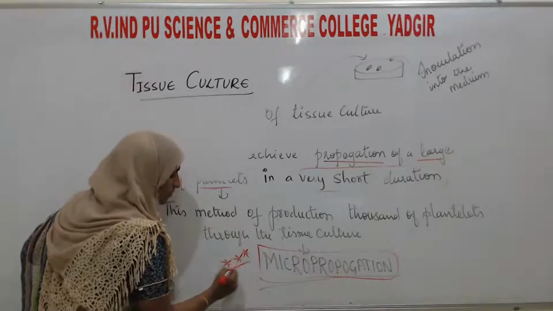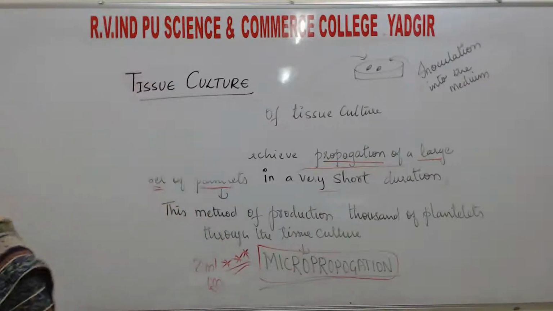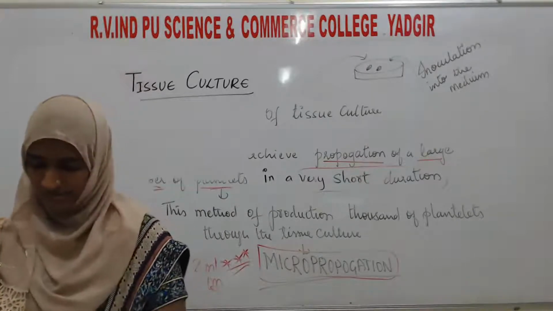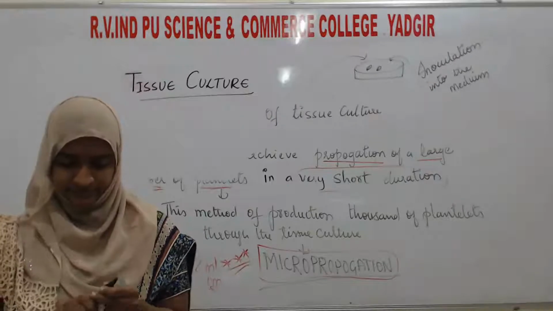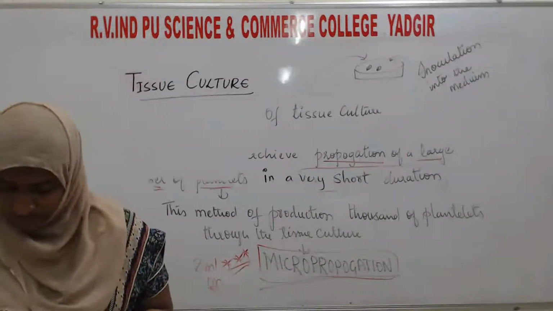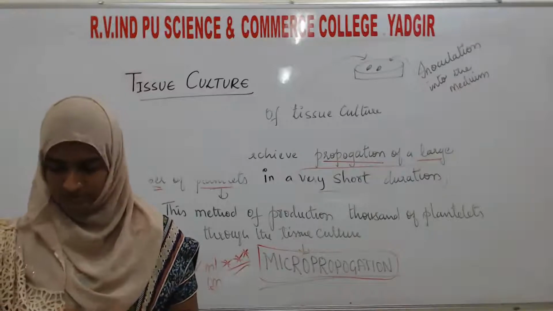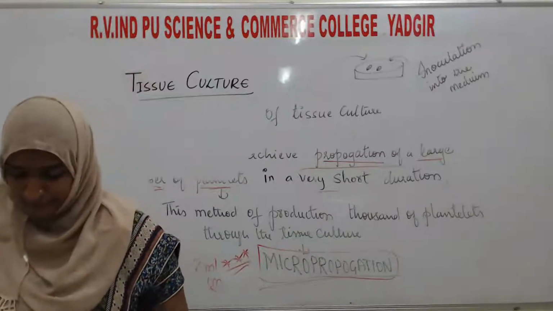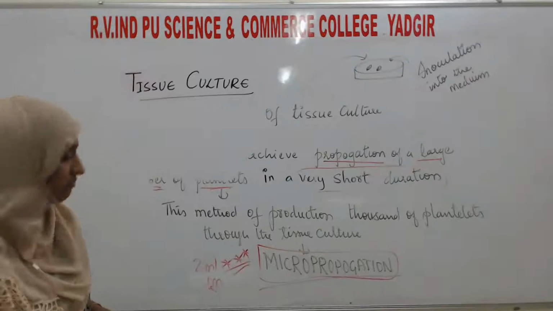What is micropropagation, for 2 marks or 1 mark? What are the advantages of micropropagation?